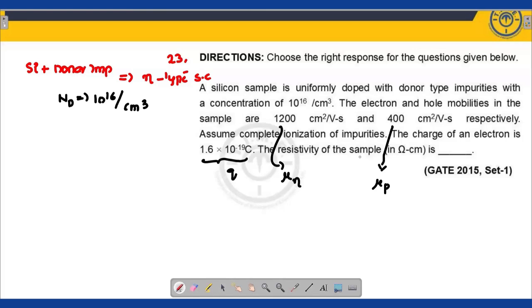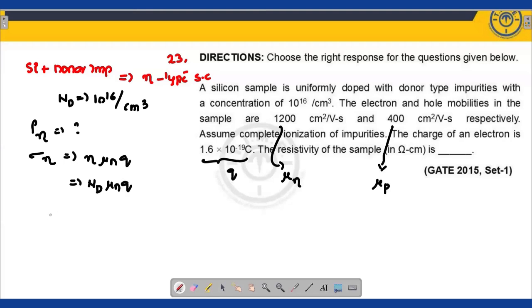The conductivity in an n-type semiconductor, I told you, is very, very important: n into mu n into q. So here n is equal to ND, and it is ND mu n into q, my dear friends.